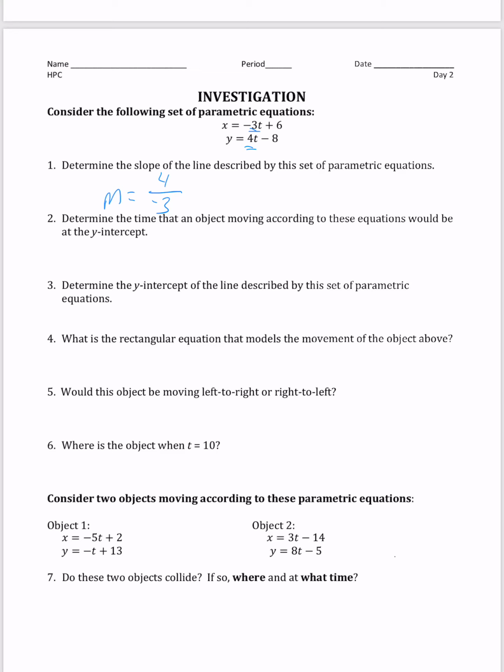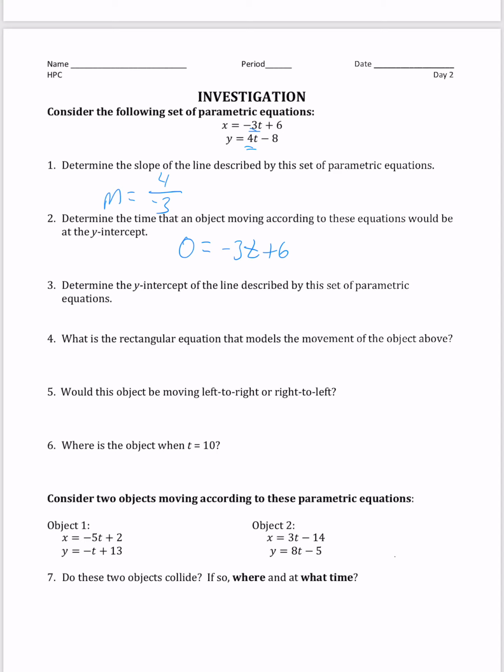Number 2, determine the time that an object moving according to these equations would be at the y-intercept. Well, hopefully we all know that if something is at the y-intercept, that means the x value would be 0. So we can make the x value in this upper equation equal to 0 and set that equal to the x equation.